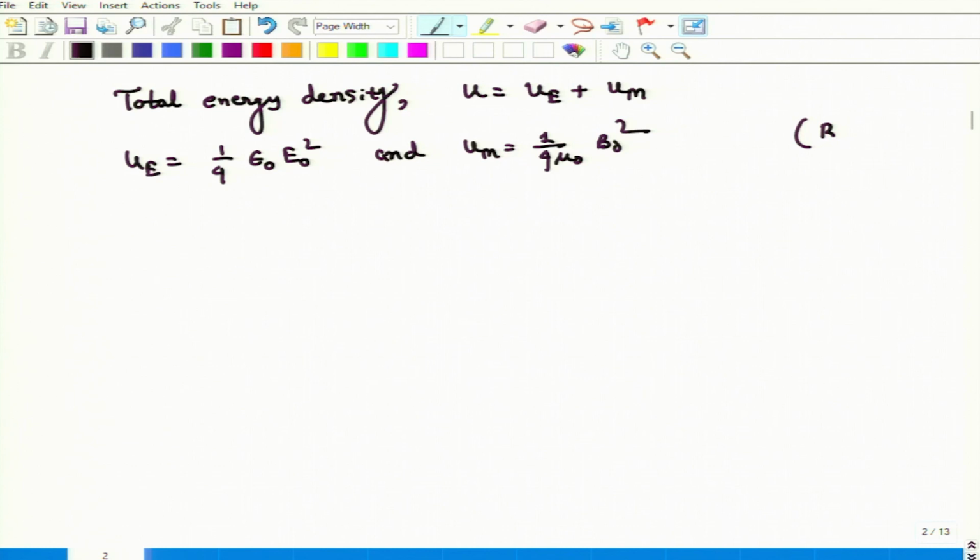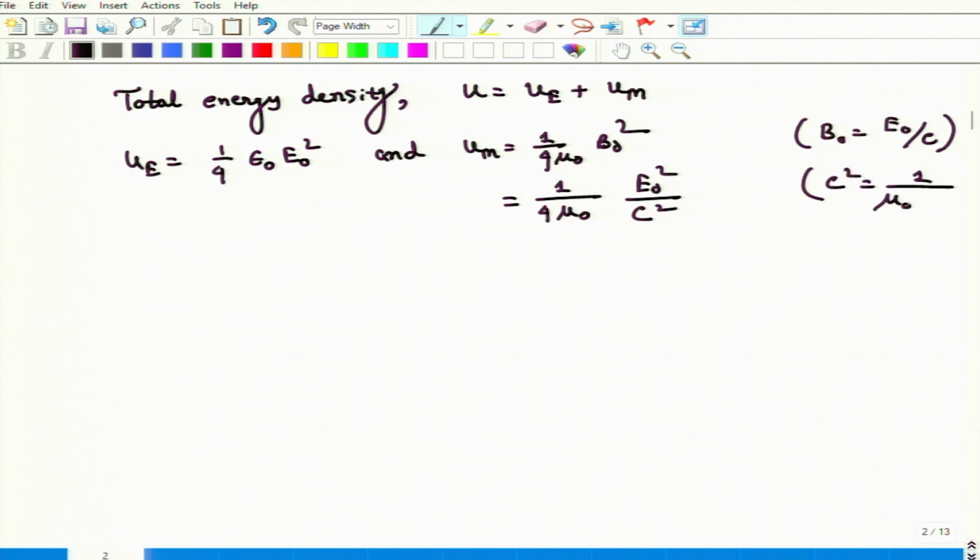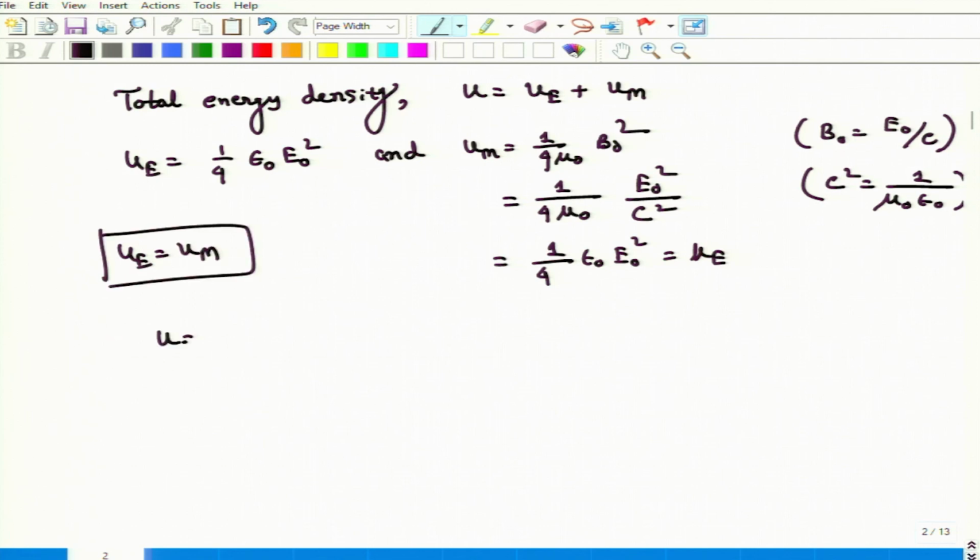Again we know that B naught is equal to E naught divided by C. If we put it here, then we will obtain, as I did in the last class also, E naught square by C square, and also we know that C square is 1 by mu naught epsilon naught. If we put it here, then we will obtain this again. So essentially UE and UM are equal.